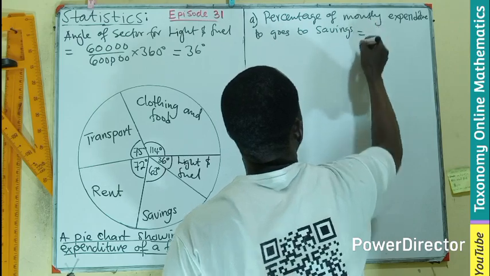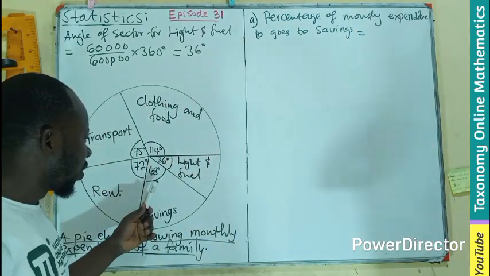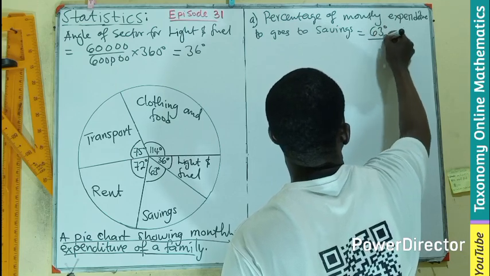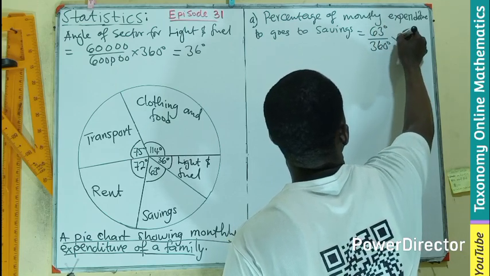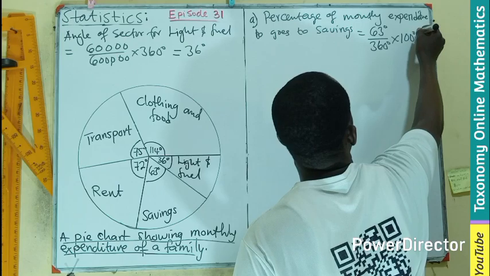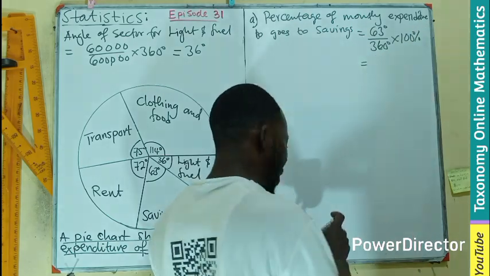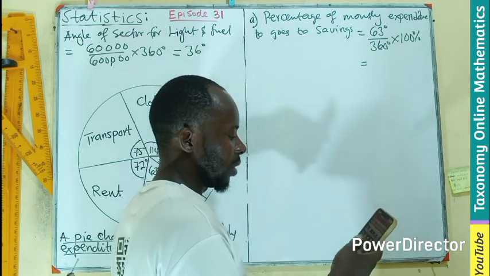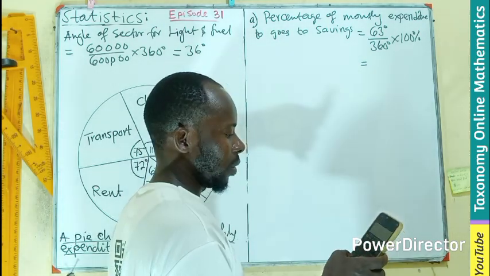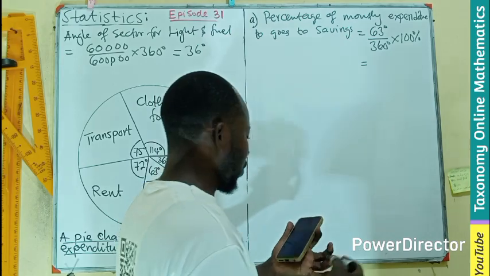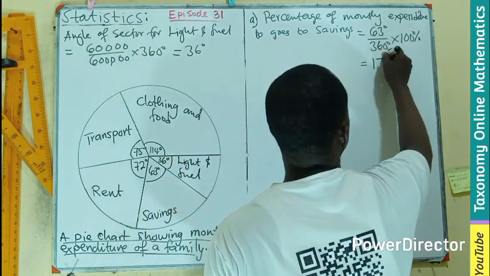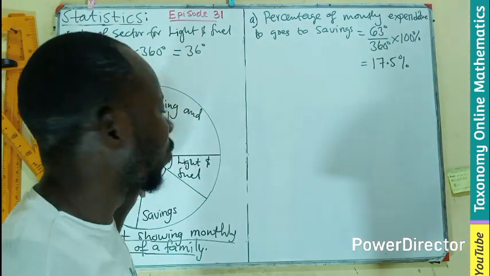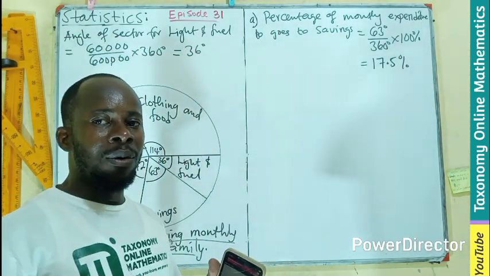It is going to be the angle corresponding to savings, which is 63 degrees, over the total angle 360 degrees, times 100 percent. Let's see what that will be on our calculator. So if we do that, you should be having 17.5%. That is if we want to base this on the proportion of the angle.